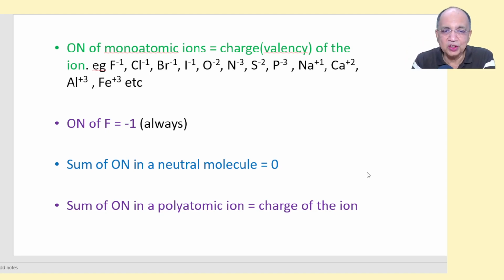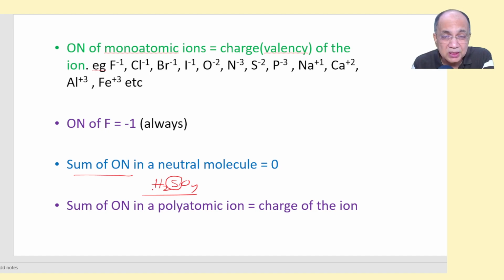And oxidation number of a neutral molecule is 0 upon sum of oxidation number. For example, you take sulfuric acid. So if you are asked to find out what is the oxidation number of sulfur, then you take by X method.